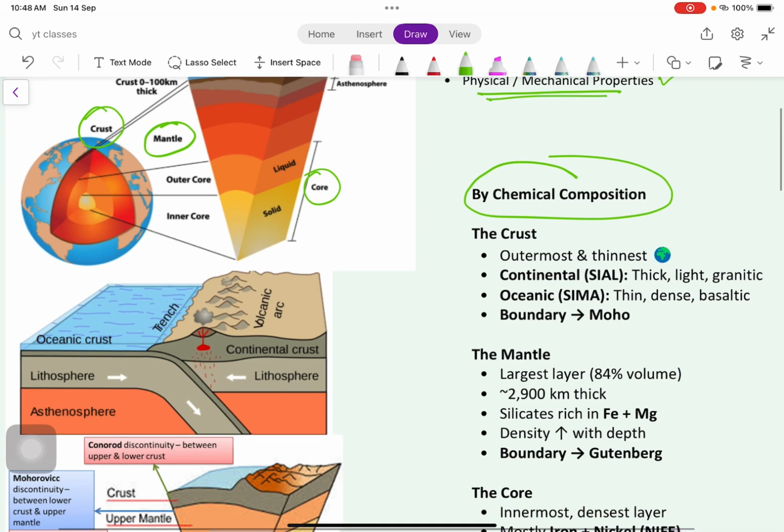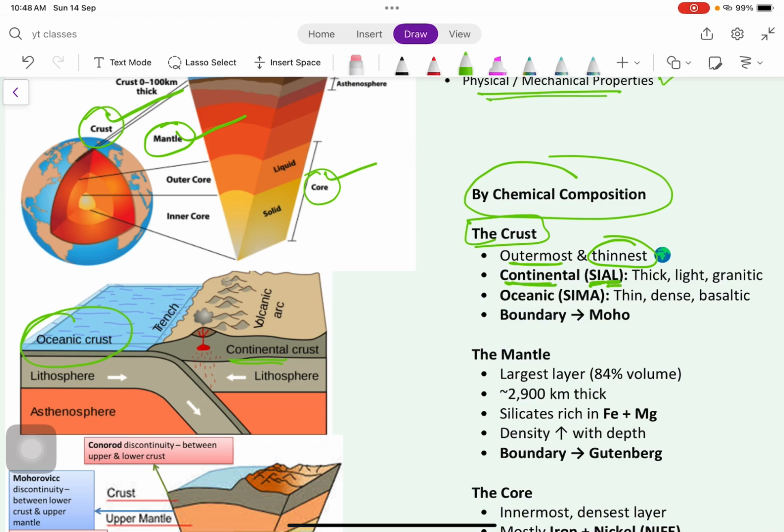So first we will look at the crust, that is the uppermost layer and the thinnest layer of all three layers: crust, mantle and core. The crust is divided into two main components, the oceanic crust and the continental crust. Continental crust is the one on which we live, and the oceanic crust is the one on which the oceans are present. The continental crust is majorly made up of silica and aluminum, that's why we call it SIAL.